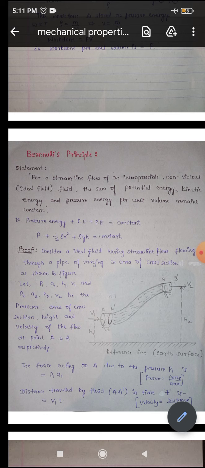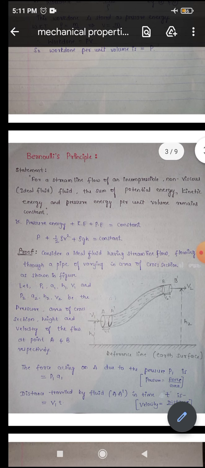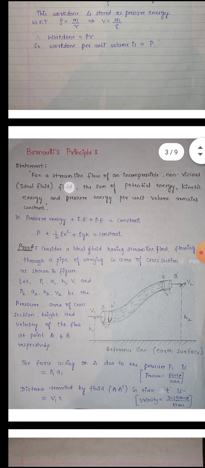See what it says. For a streamlined flow, we know the streamlined flow. In the last class we have studied this one. Streamlined flow means it is a steady flow of that liquid. In this we have the incompressible and non-viscous fluid.